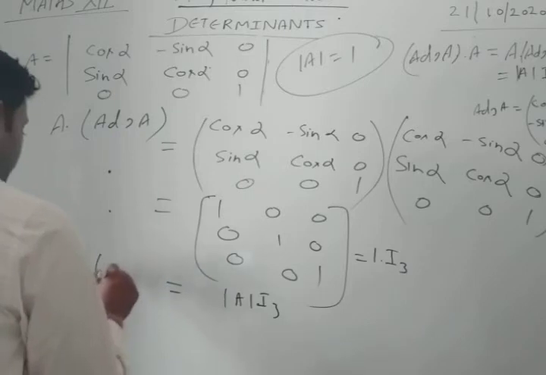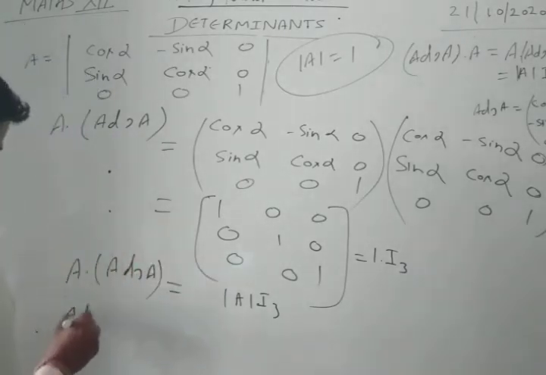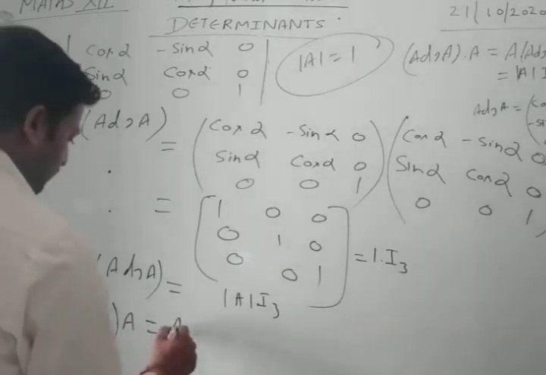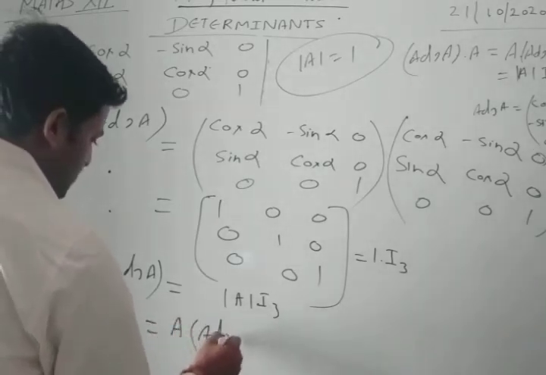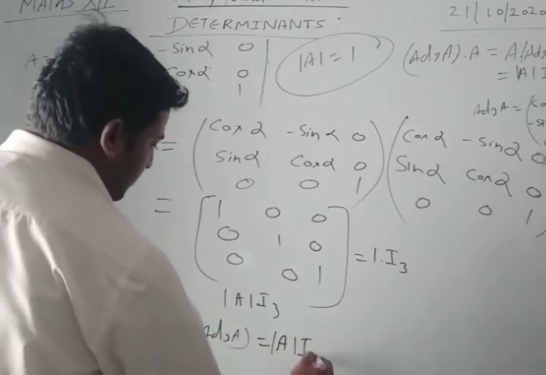So in this way we can prove that A into adjoint of A is equal to determinant of A times I3.